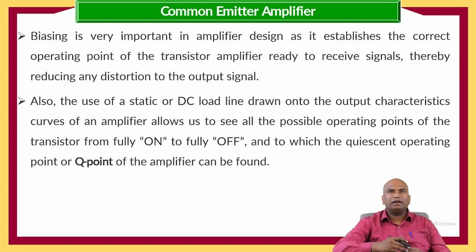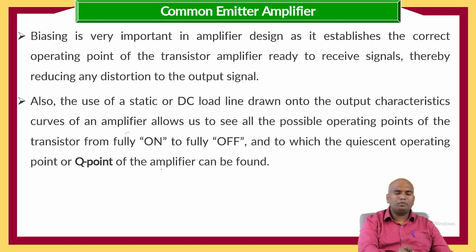So whenever we draw a DC load line onto the output characteristic curves, we are going to get the number of possible operating points where the transistor is from fully on to fully off, and from which the quiescent operating point or Q point of the amplifier can be found. So with this we are going to get the Q point of the amplifier, which we can find in the output characteristics.